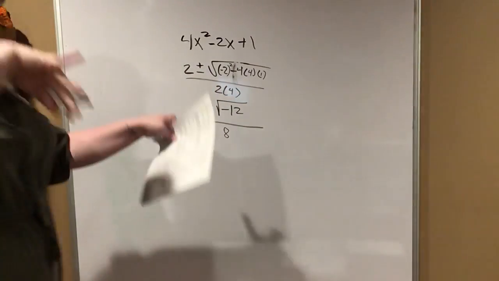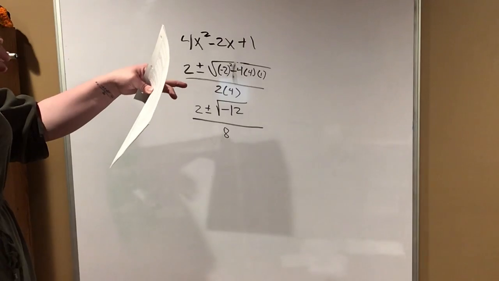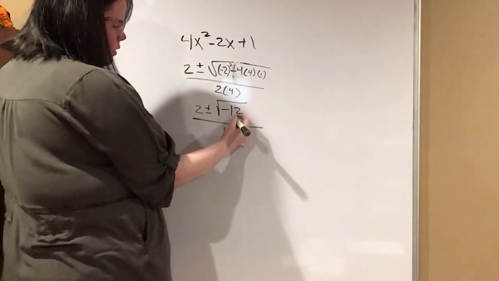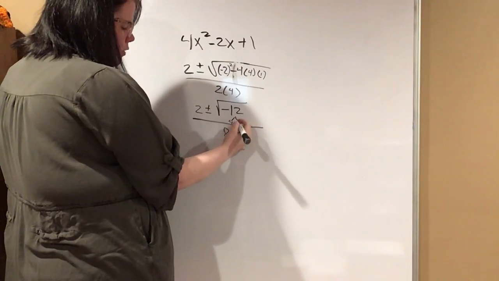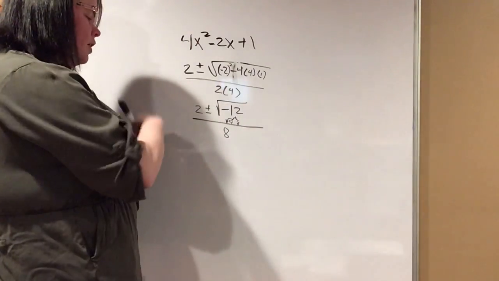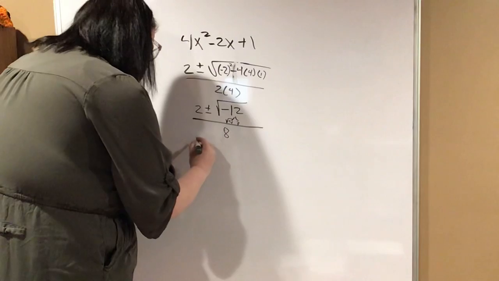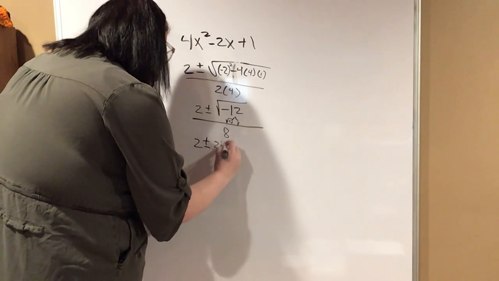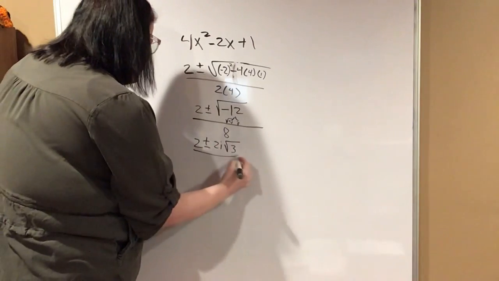So we know right here that we have to pull out an i. I'm also going to pull out what I can here, so I have a 4 and a 3. So let's pull out our i and our perfect square. So we have 2 plus or minus 2i square root of 3 over 8.